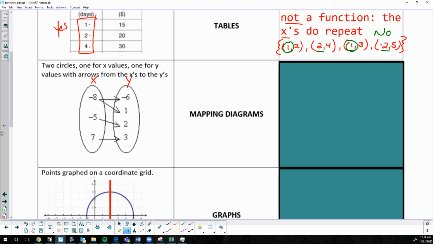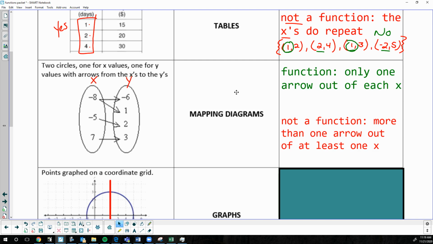So in order to test a mapping diagram, we are going to focus on the arrows. Okay, so again, 1 is your good number. If you see one arrow out of each x, that means it is a function. If you see more than one arrow out of an x, it is not a function. So in this case right here, it's -8. There are 2 arrows coming out of -8, so it is no, not a function.